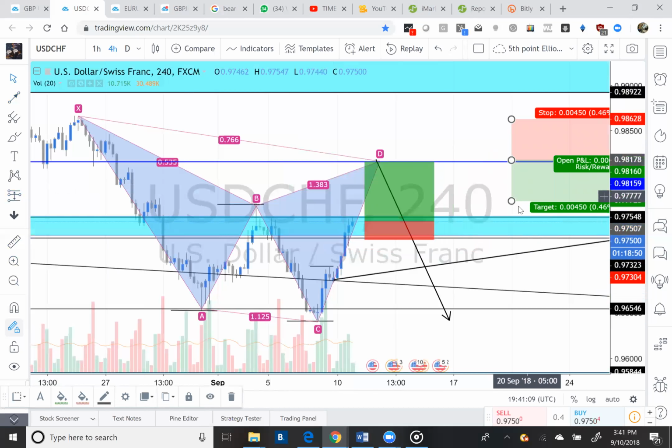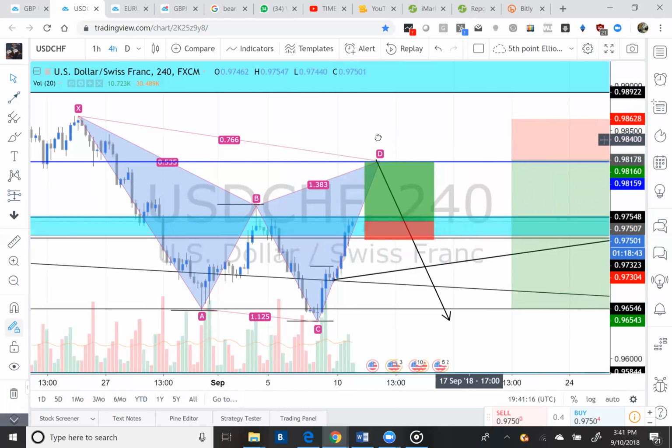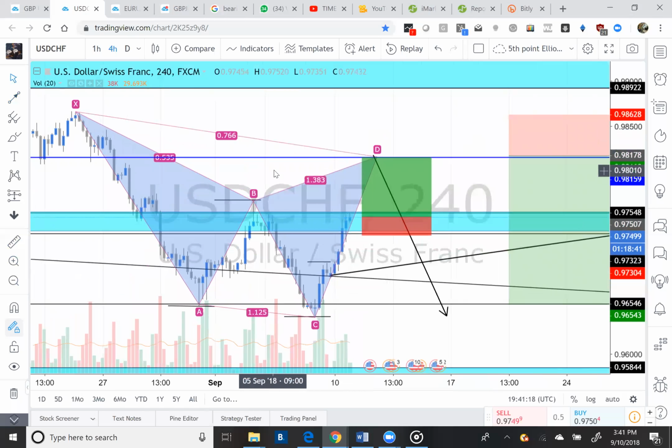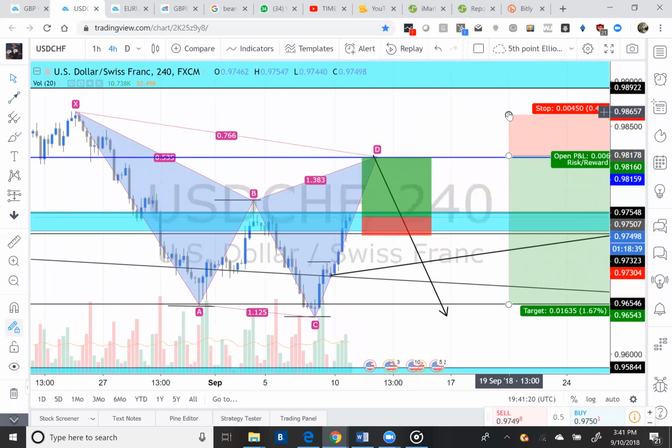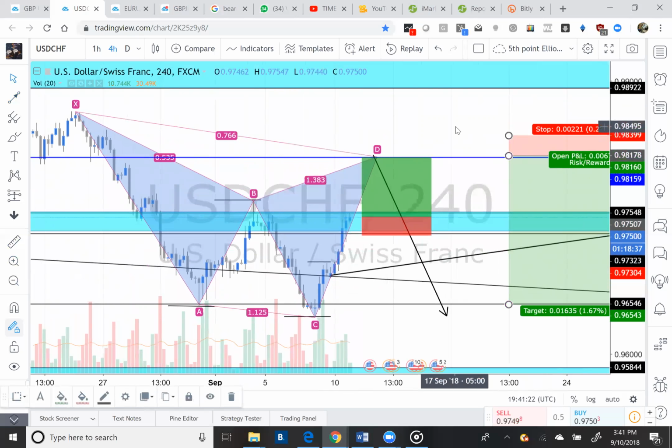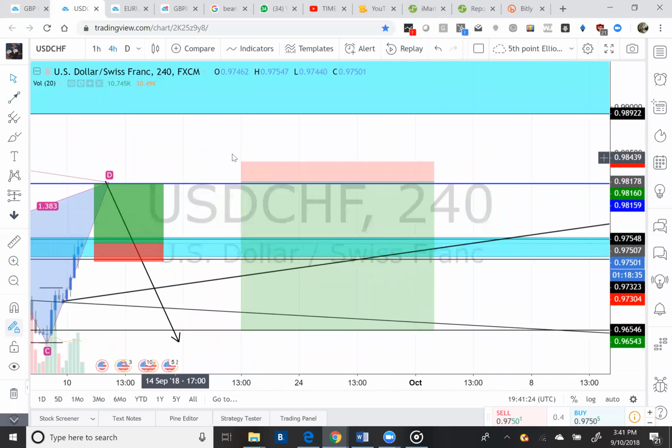I'm looking for it to go all the way down here. And I'm looking at a small stop because I think this is a strong resistance. I'm not looking to put more than 25 pips.